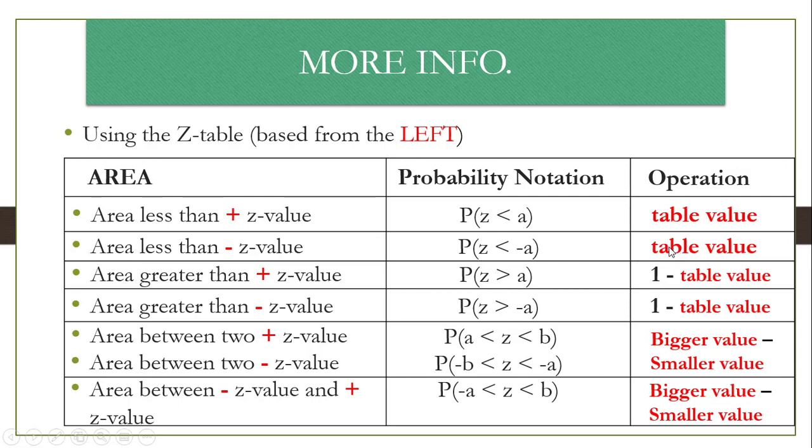Then you get the area. Now, if you have greater than, you just remember that if you have the value, you need to subtract it from 1. And if you are looking for areas between, even if it is both positive or both negative or between positive and negative, you only need to subtract the areas if you use z-table based from the left.